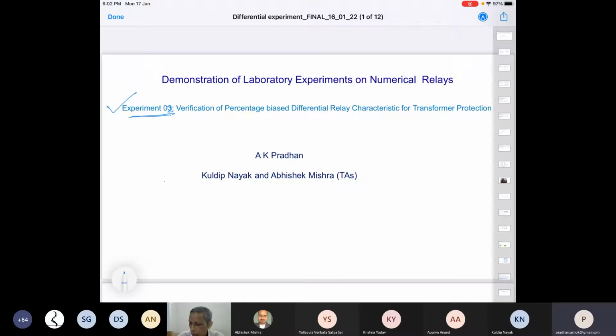So the sole purpose of the availability of varieties of relays or principles is that they are good for something, and they have their own limitations.